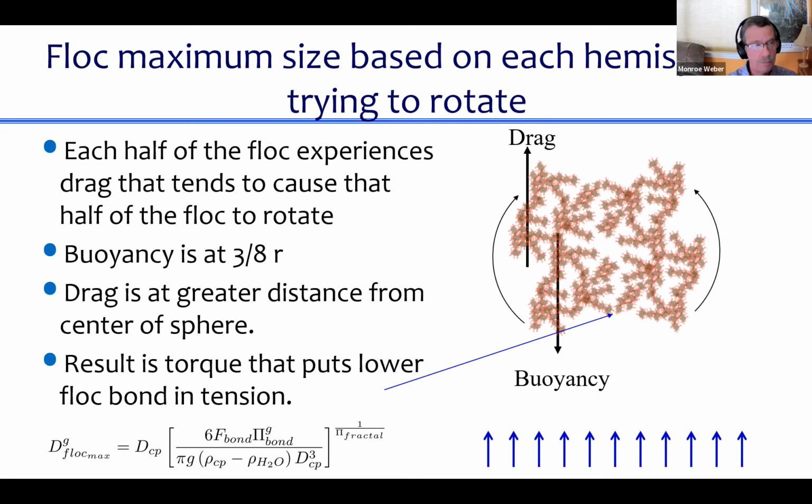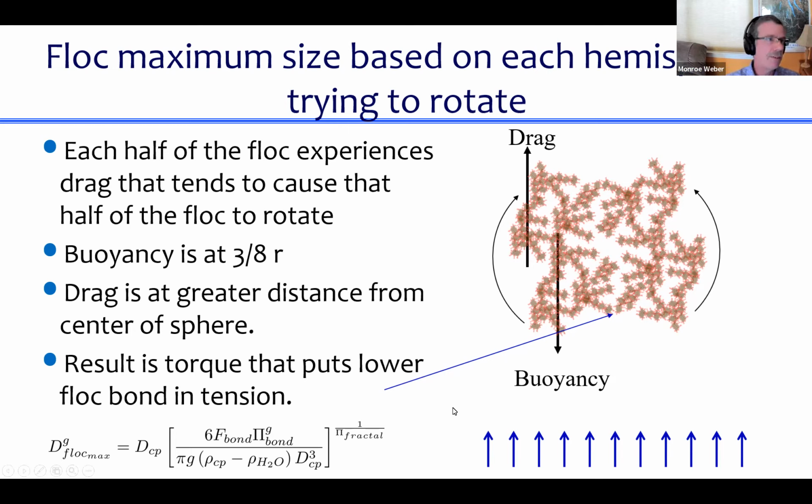So the next part, you're going to have to critique a little bit. The assumption is that there's one bond, although you could change this assumption to say that it's a couple of bonds that are actually holding the flock together at its weakest point. And so as the flock is slowly moving around, it's getting in tension at different places. And if the tension exceeds what the bonds can handle, pop, that thing opens up and we've got two flocks instead of one.